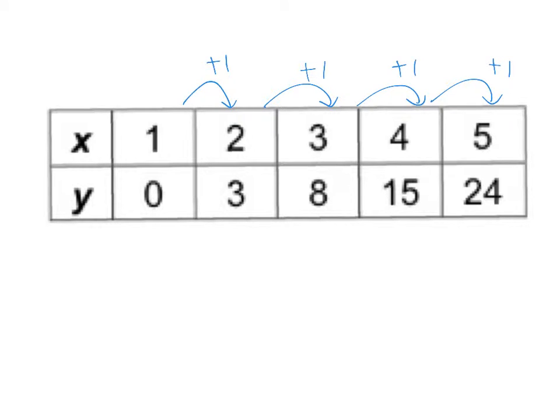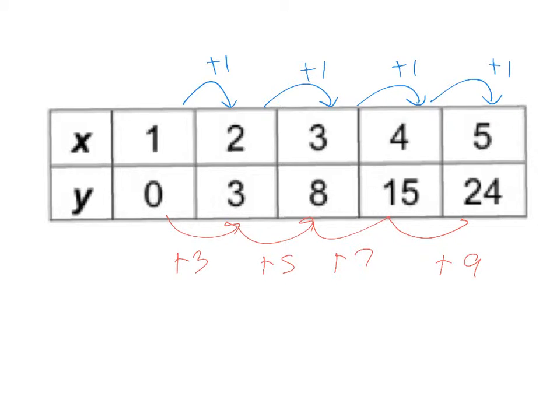Now, when you go to check for your y, remember you're looking for a constant double difference in y's. To check if I have a constant second difference of y's, my first difference, which is plus 3, plus 5, plus 7, and plus 9, doesn't count, because now I want to look at the double difference.